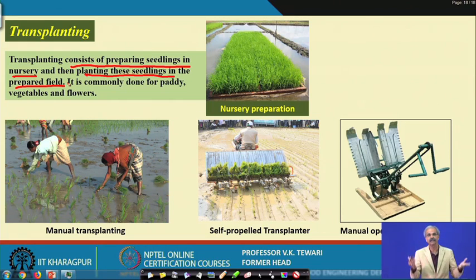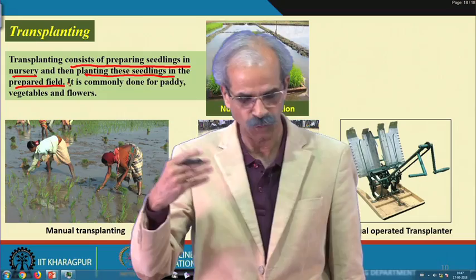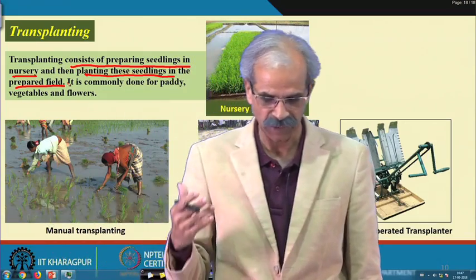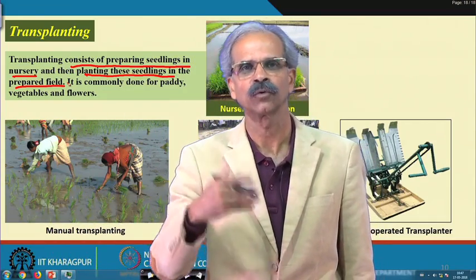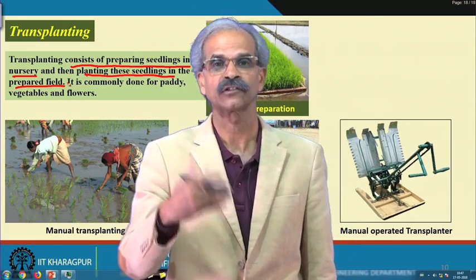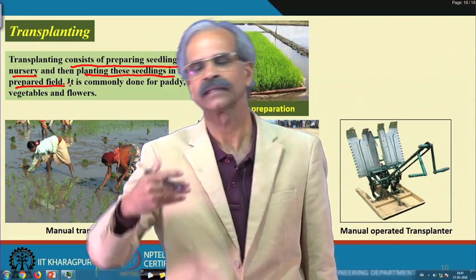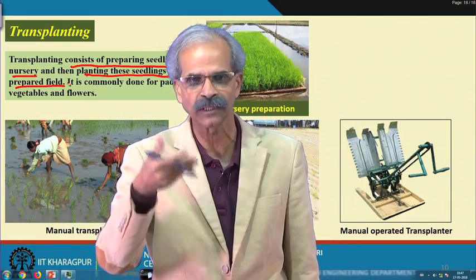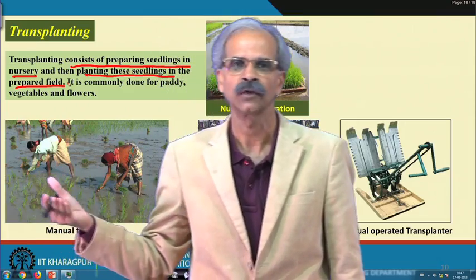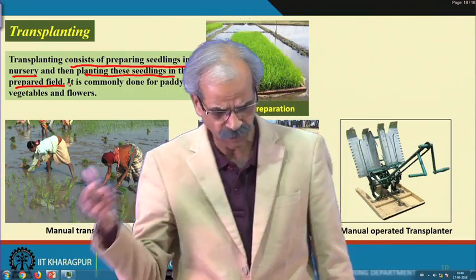You might have seen, although you have not read this course, how the seedlings are done in your area, particularly for paddy. Similarly for vegetables and flowers also, the seedlings are grown and then planted in the actual location of the field, and the places where they are grown are known as nursery. So, we call it nursery raising of the seedlings and then transplanting, removing them from their location and putting them in the right field.